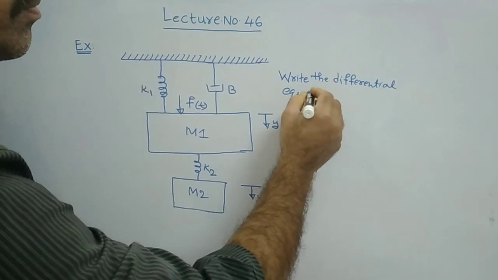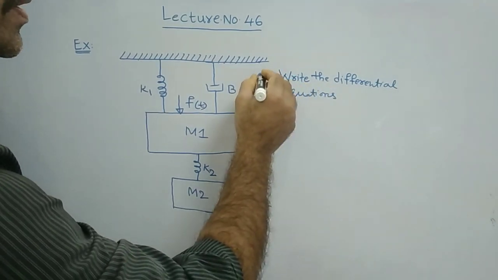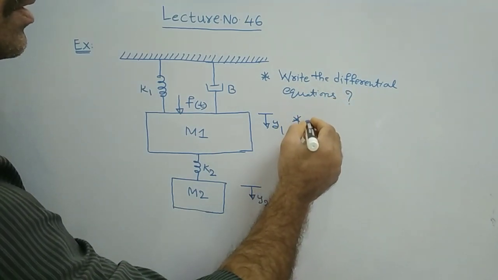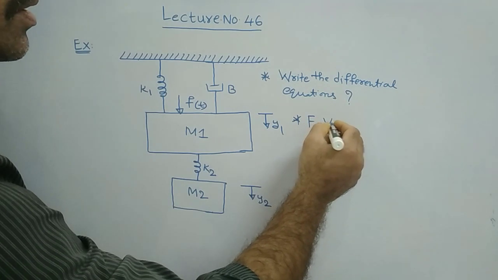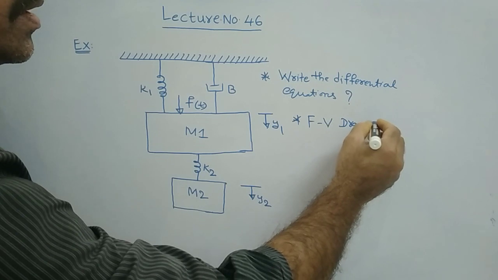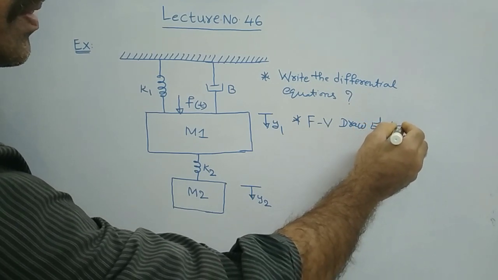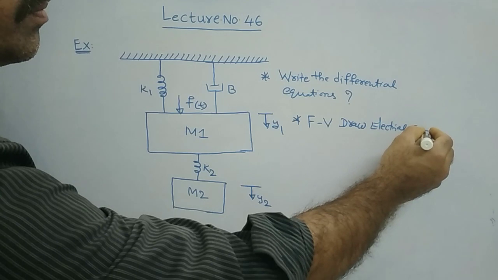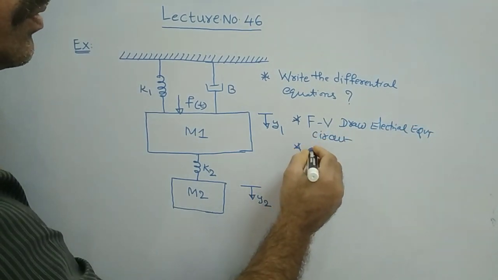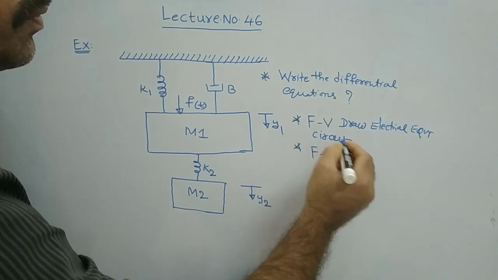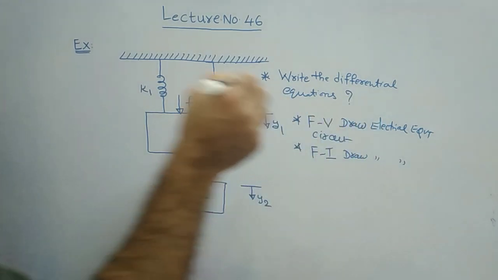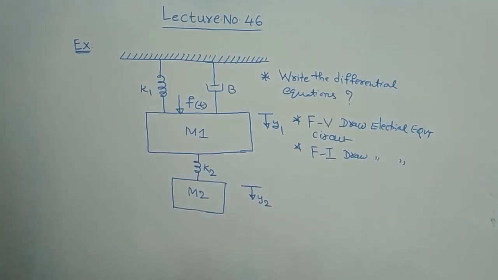The second is, using force voltage analogy, draw the electrical equivalent circuit, and also using your force current analogy, draw the corresponding electrical equivalent circuit. That's what the question is here.